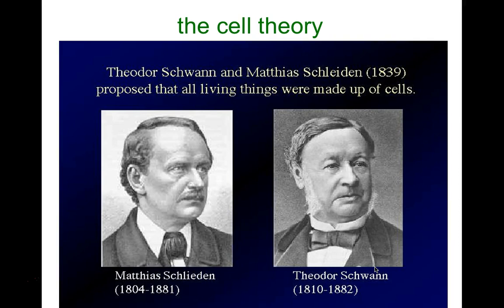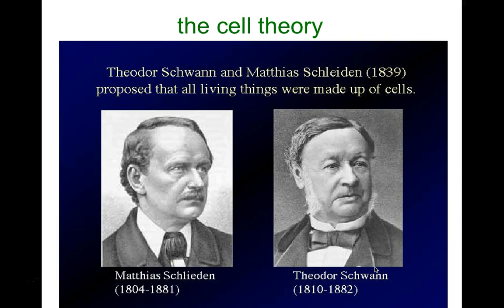It took Theodor Schwann, who was a zoologist studying animals, and Matthias Schleiden, who was a botanist studying plants in Germany, two separate towns or two separate cities in Germany, and at roughly the same point in time in 1839 to propose the concept that all things were made of cells.